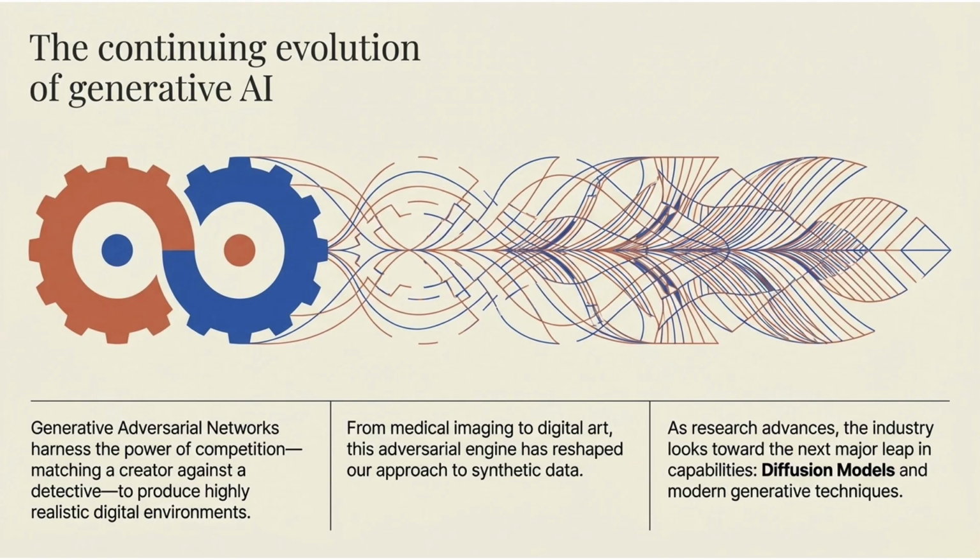Over time, generative AI has become more powerful and capable of producing highly detailed outputs. Today, the field is moving towards newer techniques such as diffusion models. These models represent the next major step in generating high quality, and more controllable AI content.